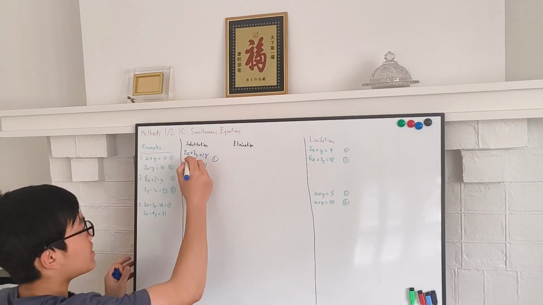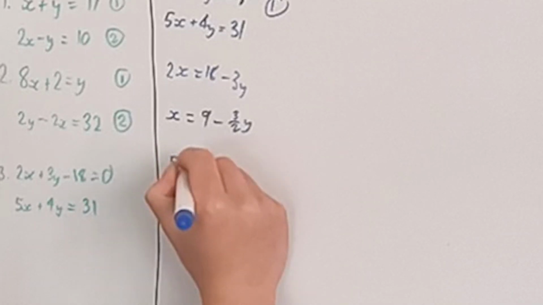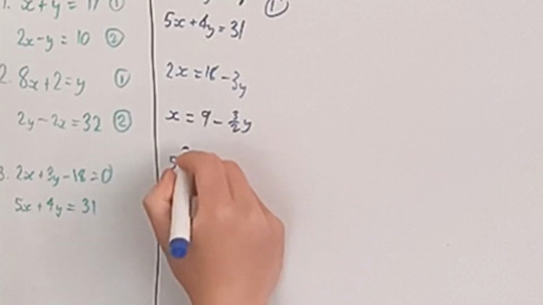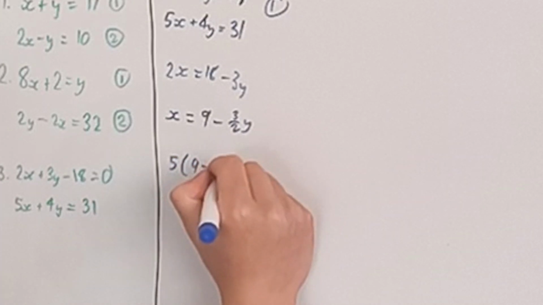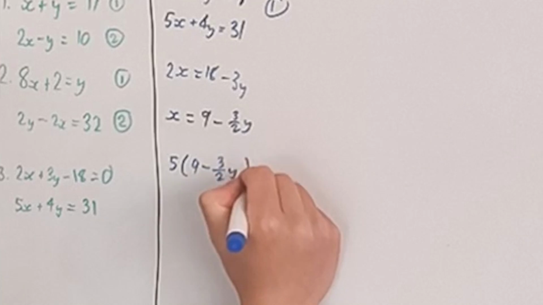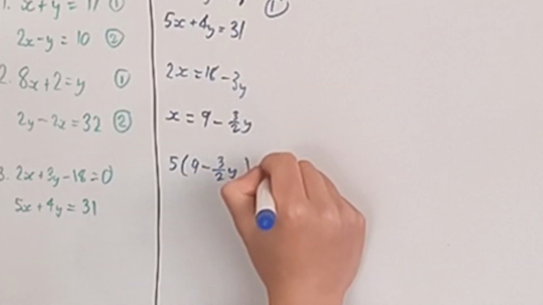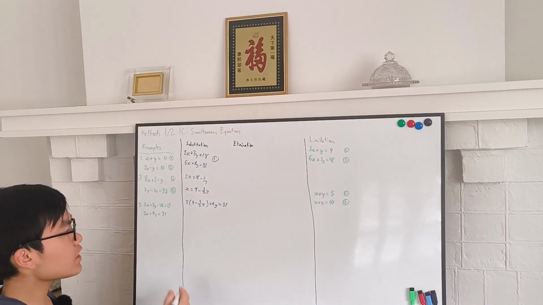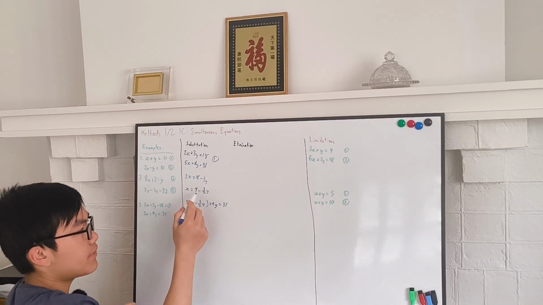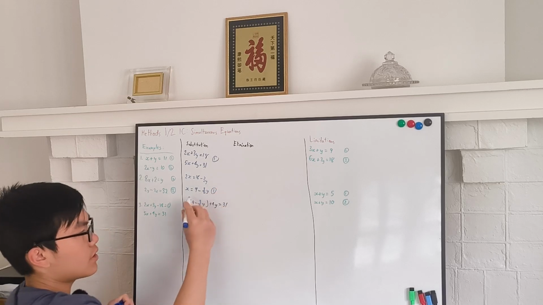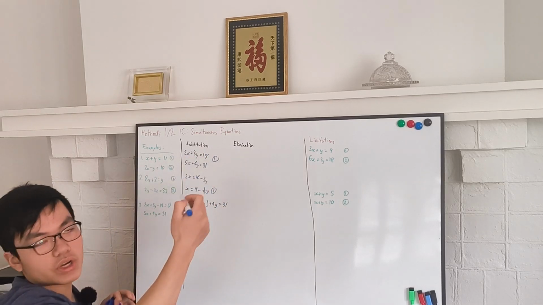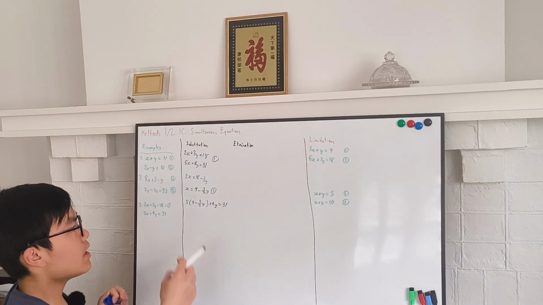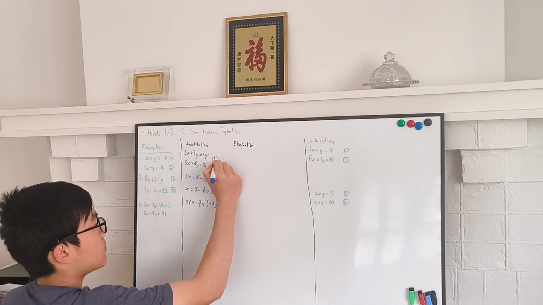Now what we do is we substitute: 5 bracket 9 minus 3 over 2y, plus 4y, sorry, equals 31. So again, we've just substituted this first equation here. This is the same as x, except it's just rearranged and divided, into the second one here.